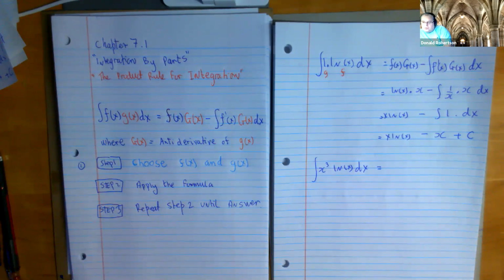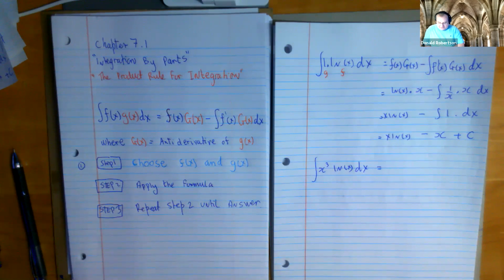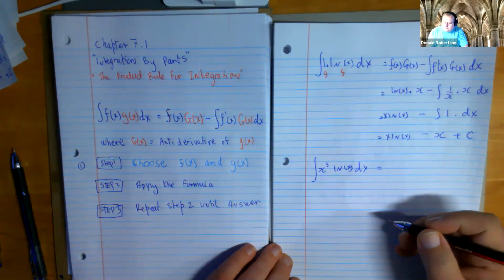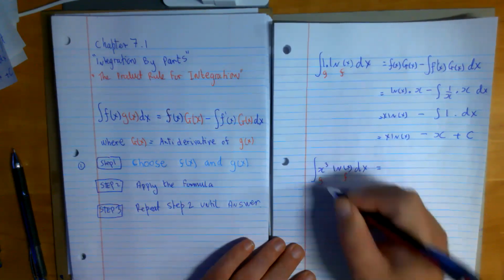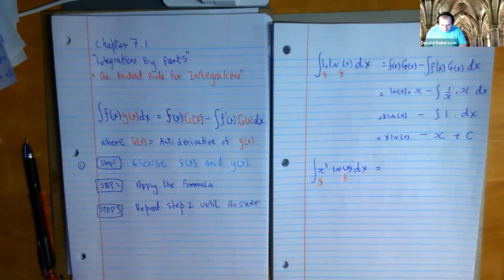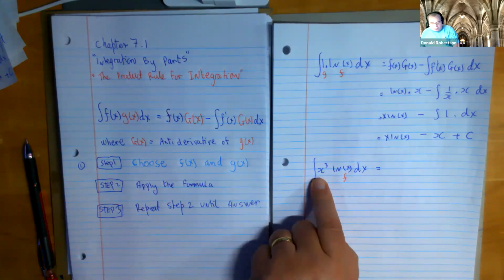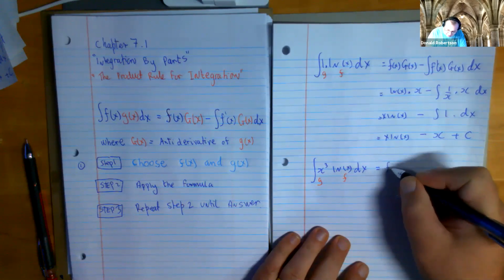Let's do another one with log x in it. This time, it's got two functions, right? It's got an x cubed and it's got a log x. Who do we choose for the f and who do we choose for the g now? F is, who do we still choose for it? Natural log. Yeah. Now you might think, oh, that's going to cause trouble. No, it's not going to cause any trouble at all.